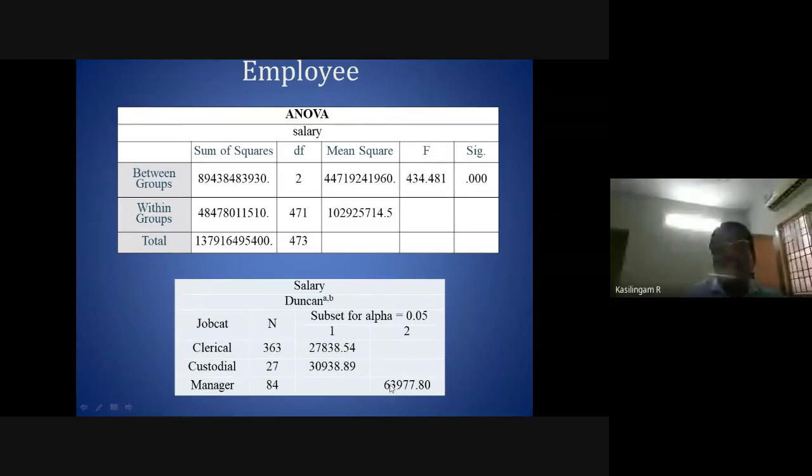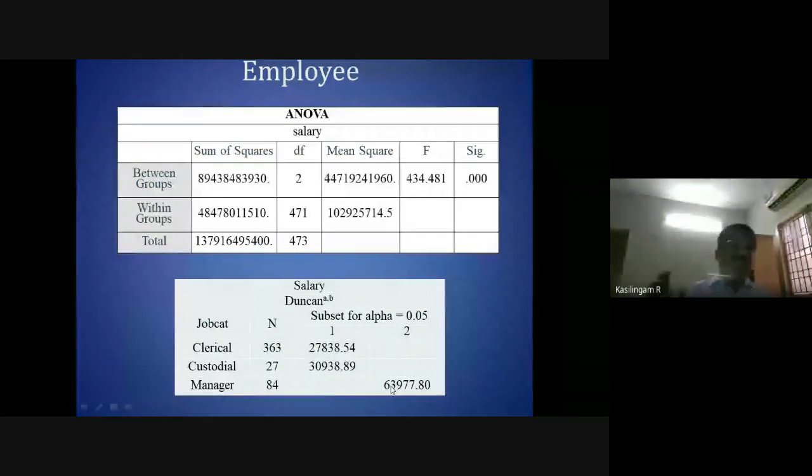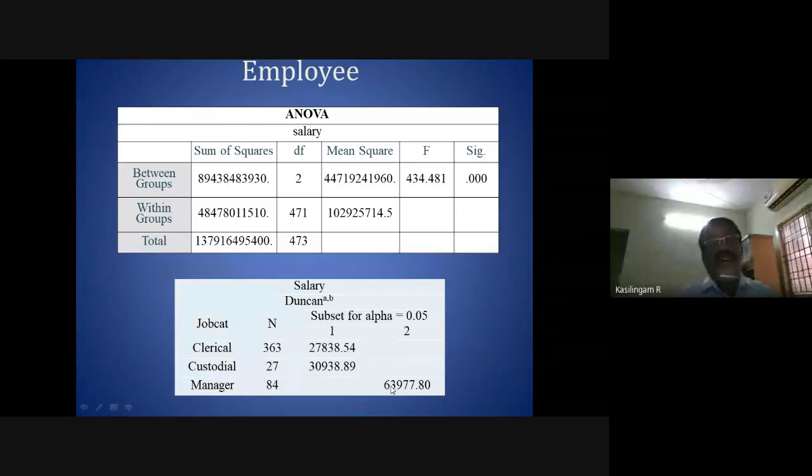But manager average salary is 63. There is a difference. We can see managers' salary is higher than clerical and custodial. They are different from these two. That is why the significant value is 0.000. That's all.